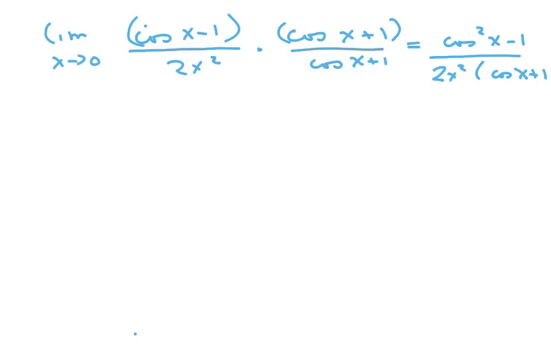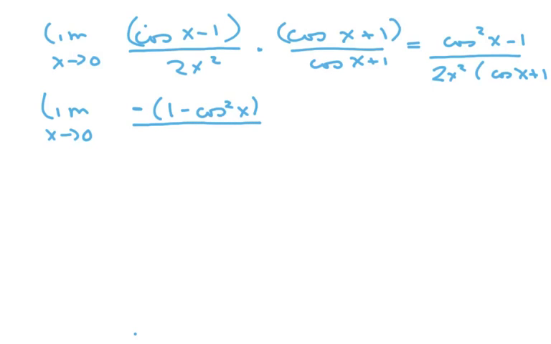Alright, so when you fix this up a little bit, I'm going to pull out a negative, and that's going to change this to 1 minus cosine squared of x.